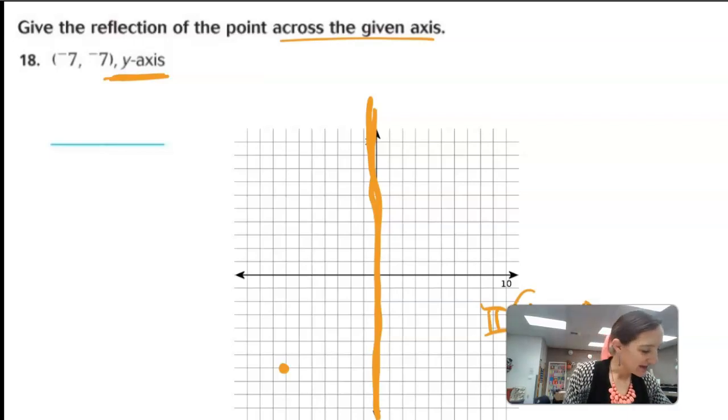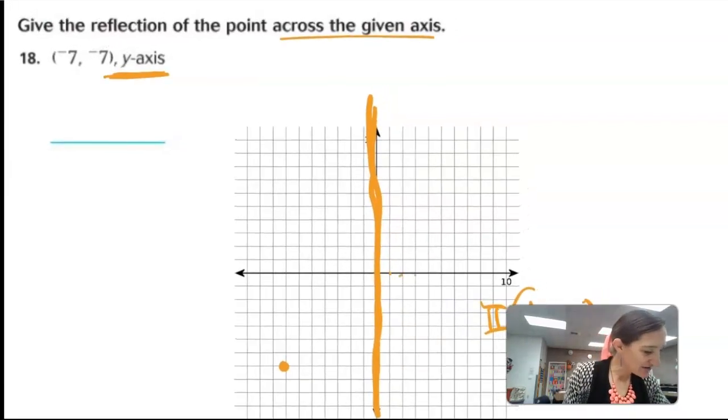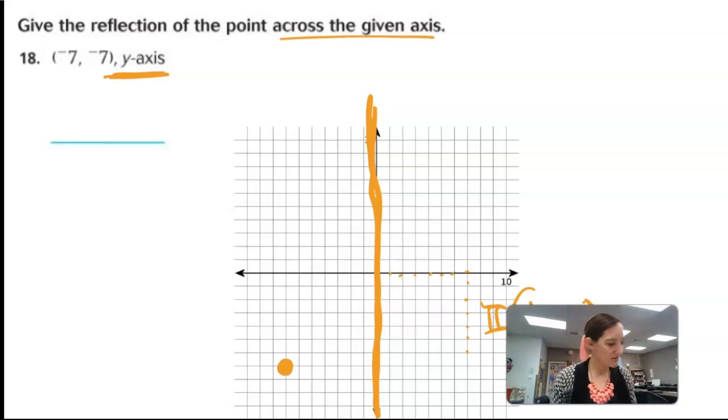So we would be at +7, 1, 2, 3, 4, 5, 6, 7, -7. And you can see that those are exactly the same distance from 0 from the y-axis. So when they flip and fold, they're going to be at the exact same point.